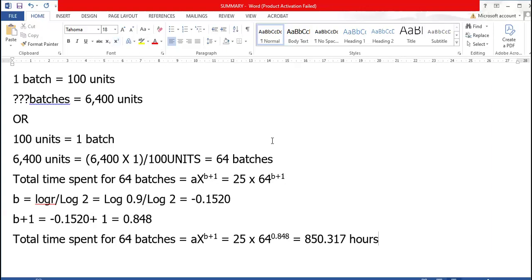This is the total time you need to produce 64 batches, or to produce 6,400 units. Remember, 6,400 units is equal to 64 batches. So I substitute.